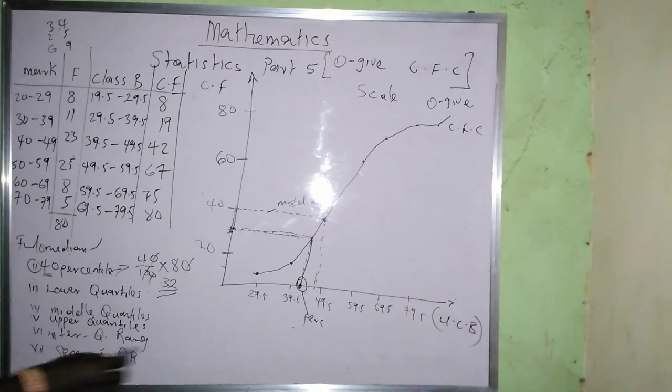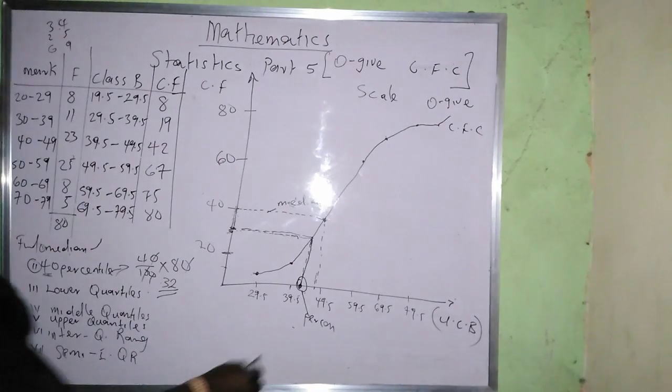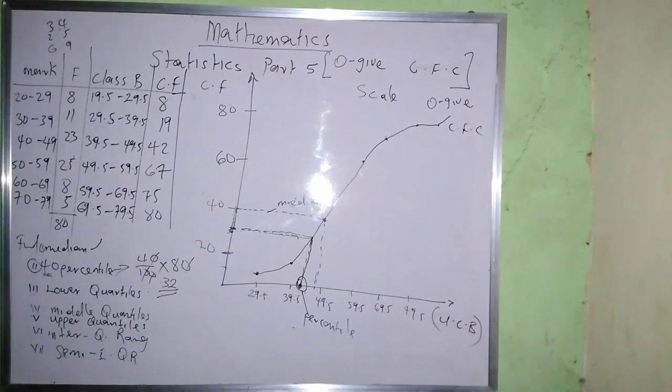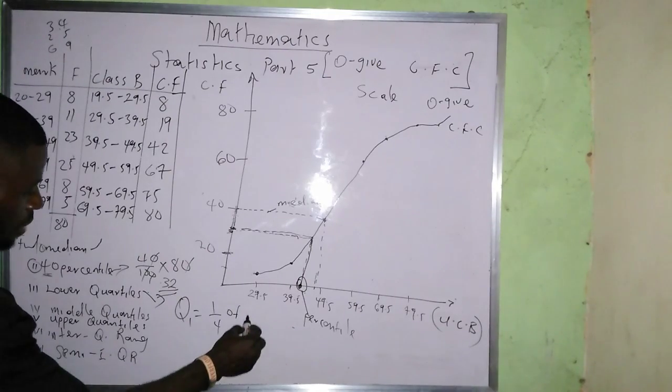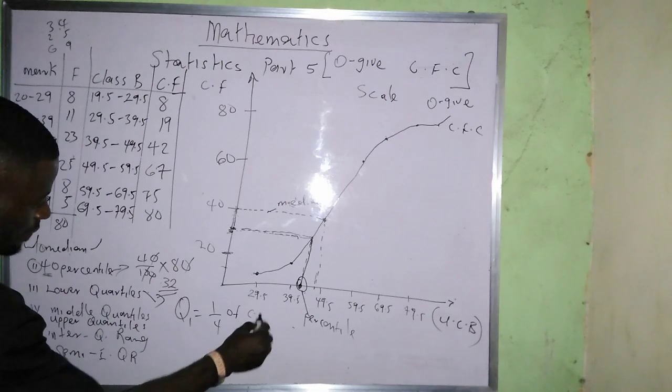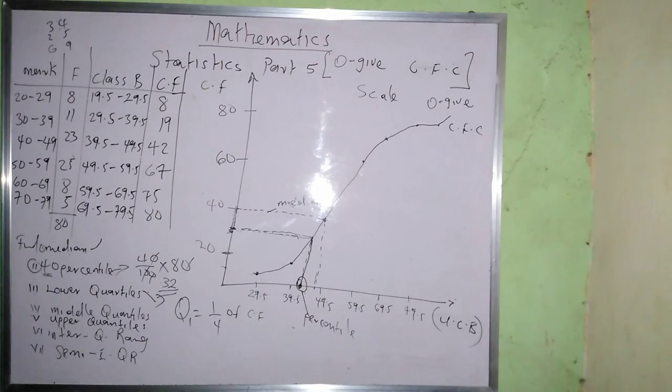Now the next one is my quarter range. How do I find my lower quarter range? My lower quarter range is denoted by Q1, which equals 1 all over 4 of the cumulative frequency.